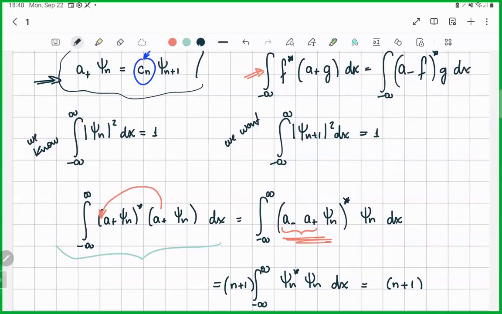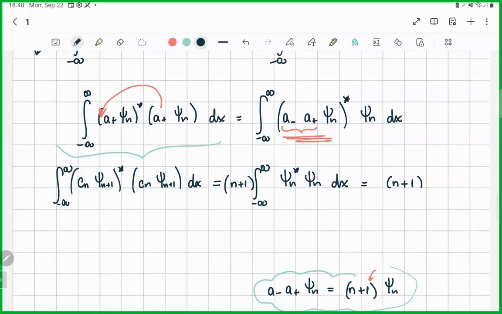Okay, look carefully. What do we get? We have inside this integral a plus acting on psi n gives us Cn psi n plus 1. So I'm putting here Cn psi n plus 1, all in the complex conjugate, and the next one, Cn psi n plus 1.